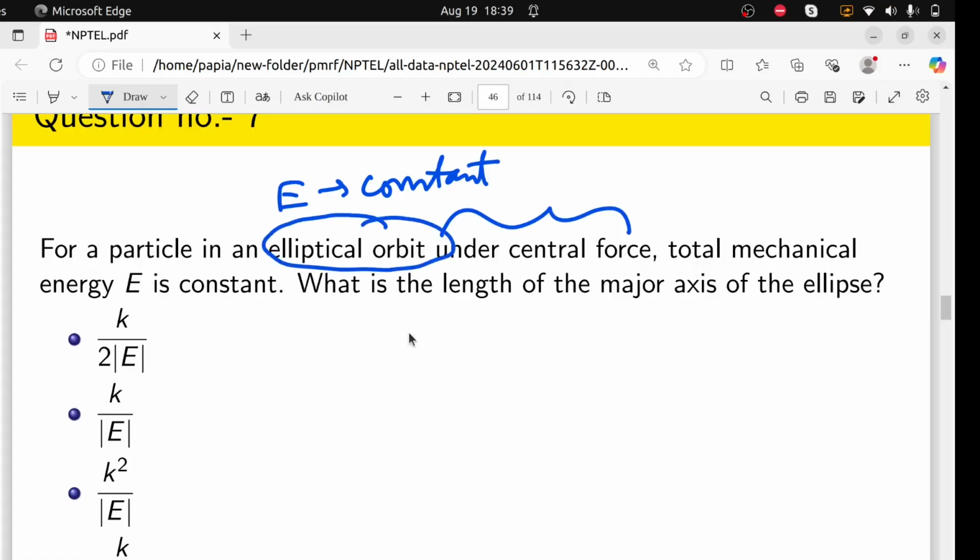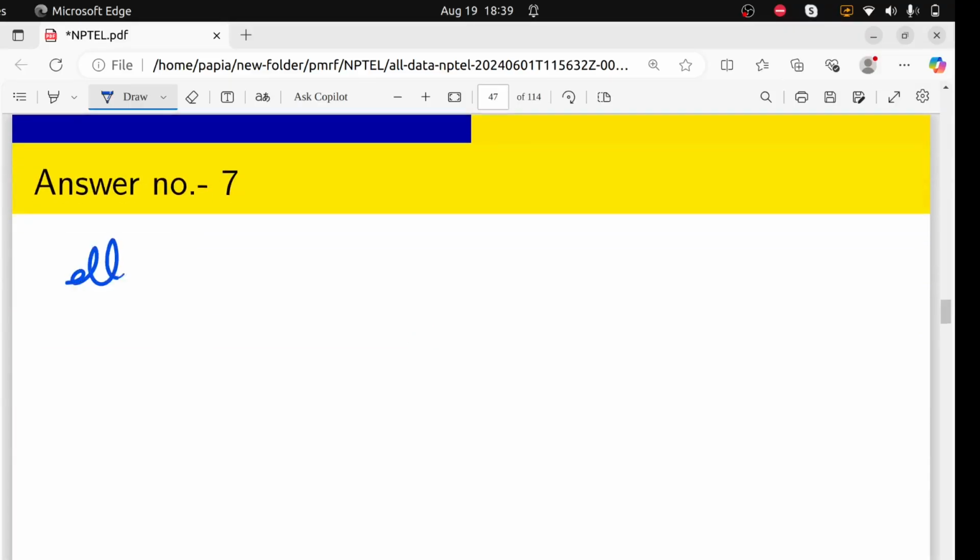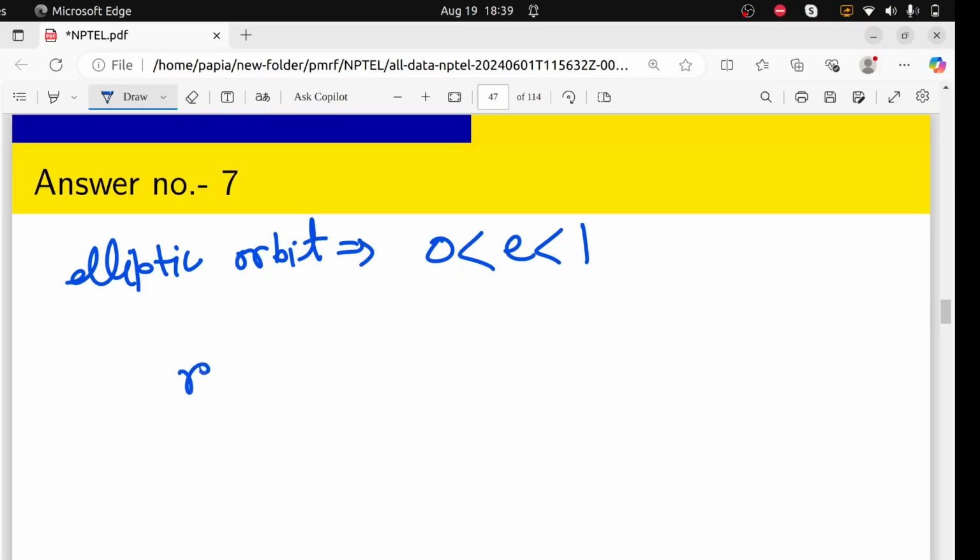Elliptic orbit means eccentricity will be in between 0 and 1. Now from the conic section, I can see that r equals p by 1 plus e cos theta.